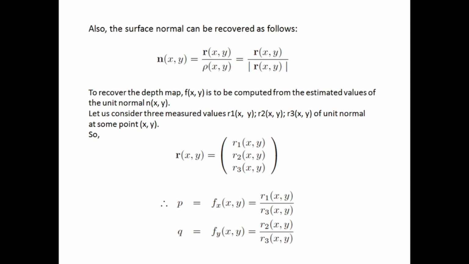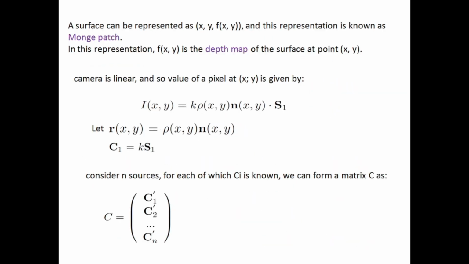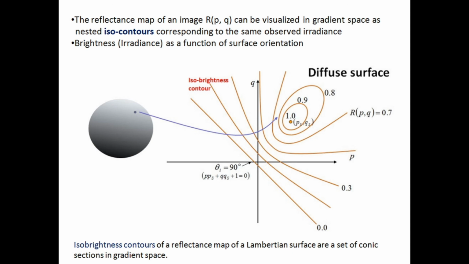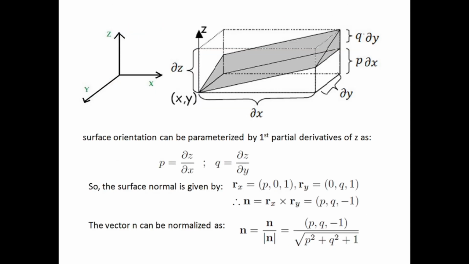As we got the values of P and Q, we can find out the surface vectors, which are Rx and Ry. We have already defined them. Rx equals P comma 0 comma 1, and Ry equals 0 comma Q comma 1.